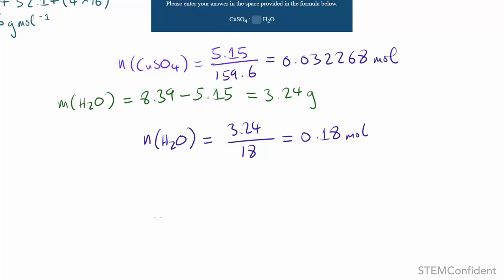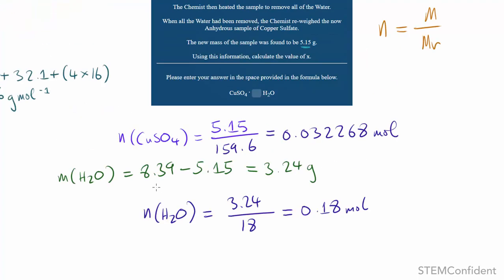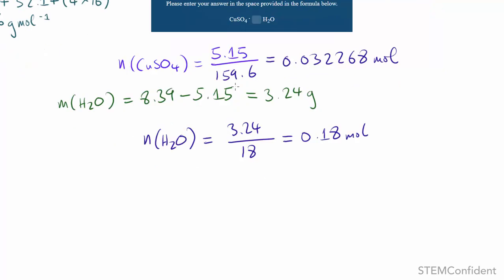Because CuSO₄ is on the left, I am going to put it on the left below. So you're going to have the number of moles of CuSO₄ compared to the number of moles of H2O.